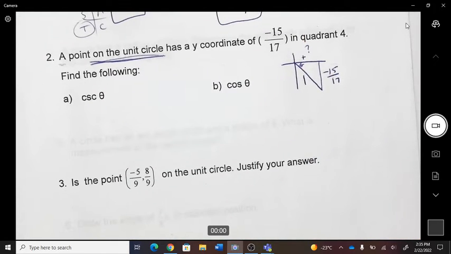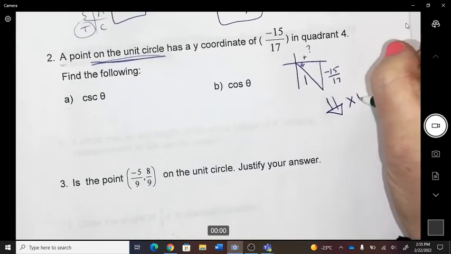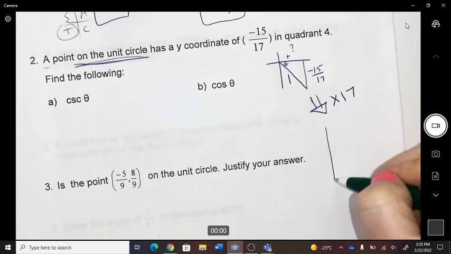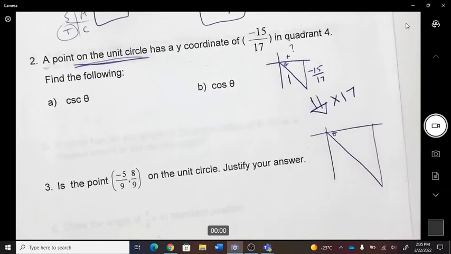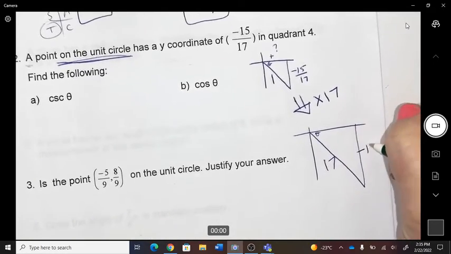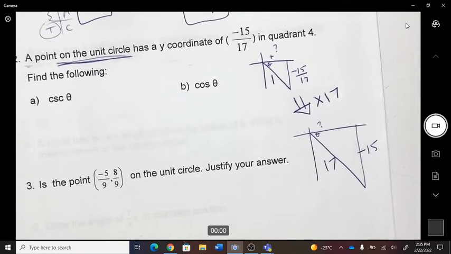Do you like to work with fractions? Probably not, I'm guessing. So what's another thing I could do? Times it by 17 to enlarge it. So I'm going to blow it up way bigger. So this would be 17, negative 15, question mark.